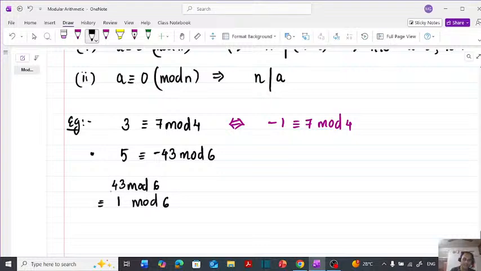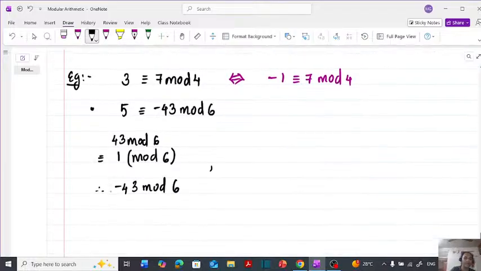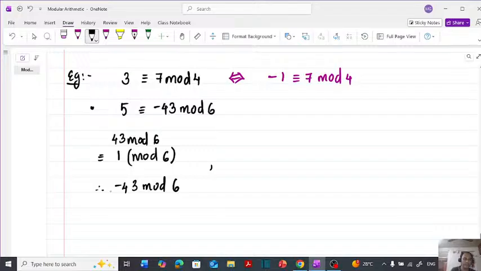And now if you consider multiplying 43 by the minus sign, so minus 43 mod 6 is equivalent to minus 1 mod 6, and that is the same as 5 mod 6, because it is one less than 6, which is 5.